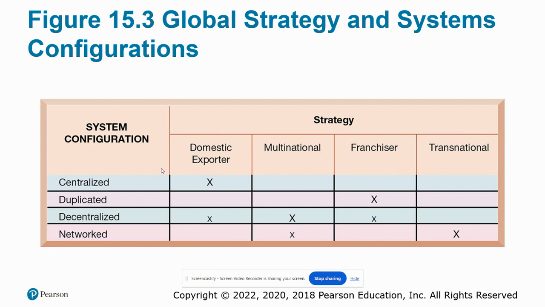Here, the large X's show the dominant patterns, and the small x's show the emerging patterns. For instance, domestic exporters rely predominantly on centralized systems, but there's continual pressure and some development of decentralized systems in local marketing regions. This table shows which system configurations are typically used when a firm employs one of the four global strategies.